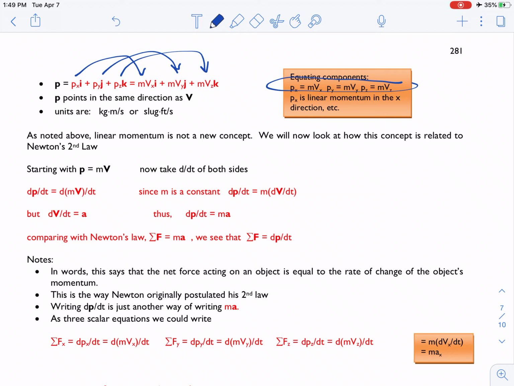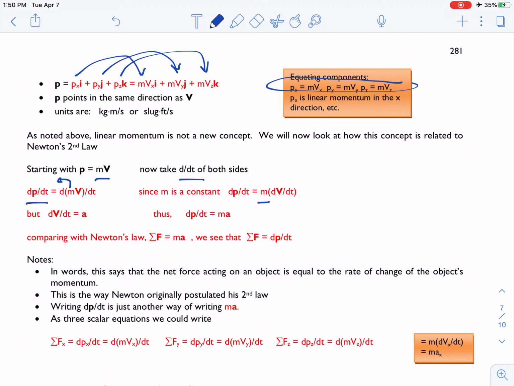And so now we'll look at how this concept is related to the second law. We're starting with the definition of momentum. p is equal to mv. Again, p and v are bolded because they're vectors. Now let's take the derivative with respect to time, both sides. p becomes dp over dt. And when you take the derivative of mv, since m is constant, you can take it out of that derivative. So you have dp over dt equals m times dv over dt.